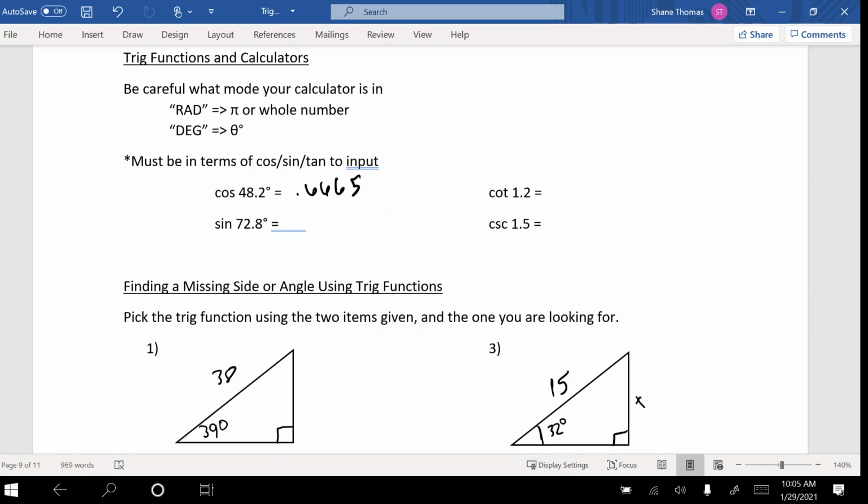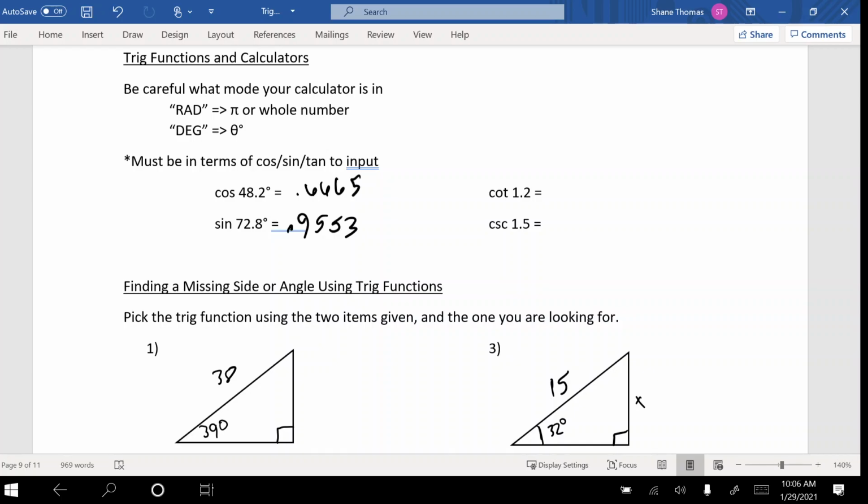What do you get there? 0.9553. What? Sine 72.8. I got 0.955. Oh, 27.